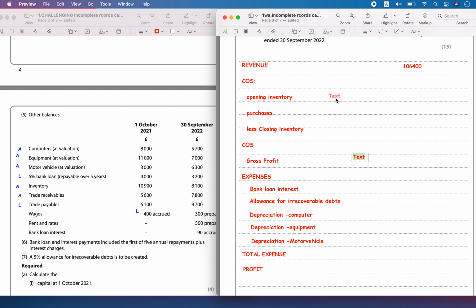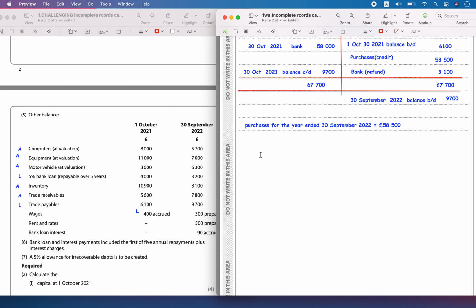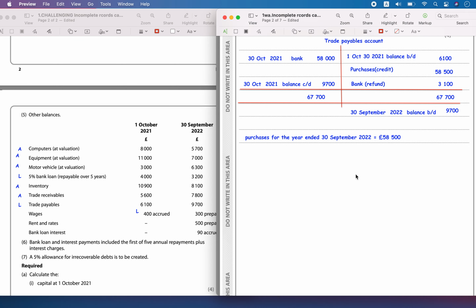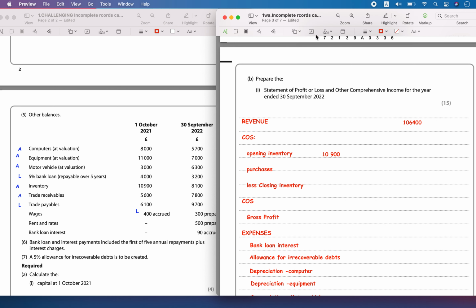So the opening inventory is 10,900. Then you have the purchases. We had calculated the total purchases, it is 58,500. So let's write that.